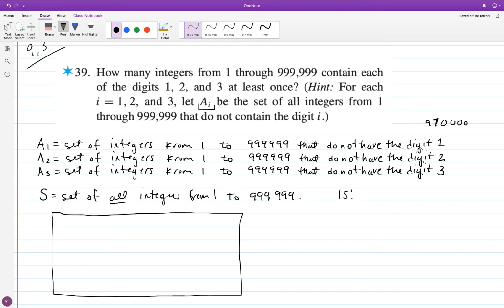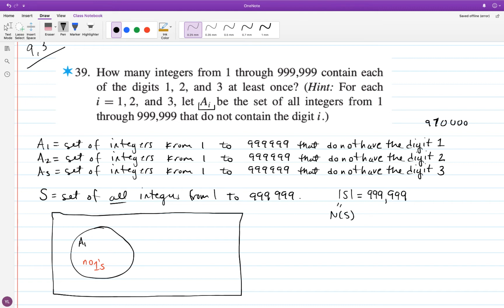It's worth noting here that that is simply 999,999 many numbers, or N of S. And then you have some of those integers, A1, that don't have any ones in them, right? No ones.